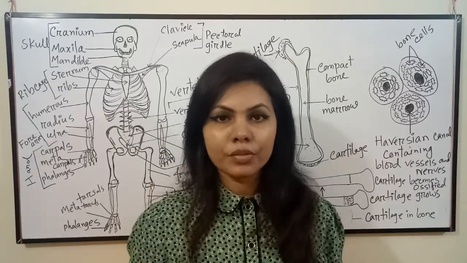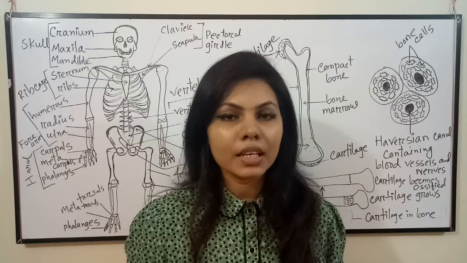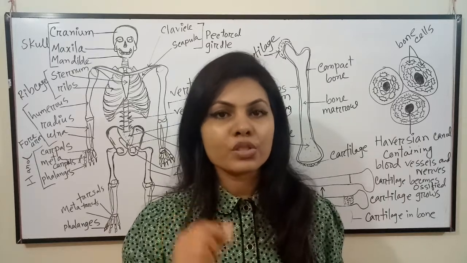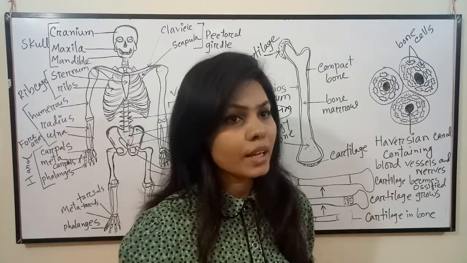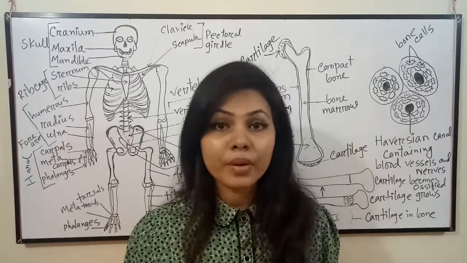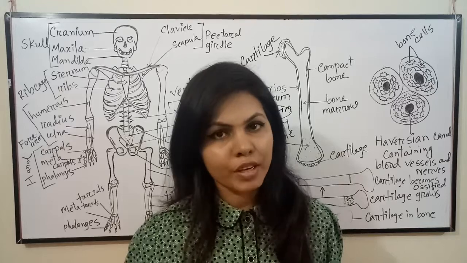Another important matter is that we have to know something about cartilage. Cartilage is a tough but flexible tissue containing cells called chondrocytes. Okay. And chondrocytes secrete a matrix with various types of protein fiber.